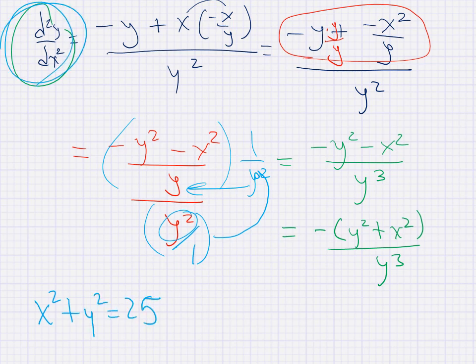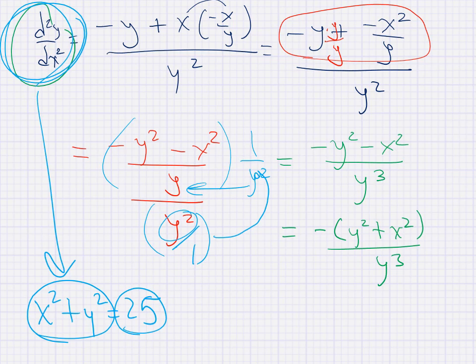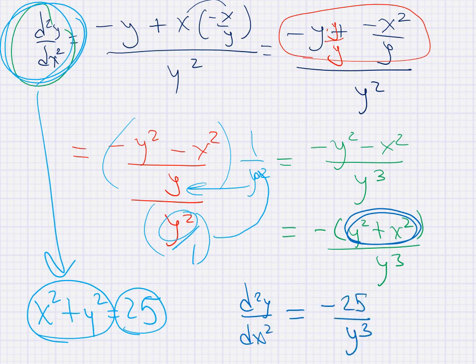And this is the second derivative of that. Well, if x squared plus y squared equals 25, then that's telling me that this equals 25. So I could do one better here and say this is actually the second derivative is equal to negative 25 over y cubed. And that would be the simplest way I could express the second derivative.